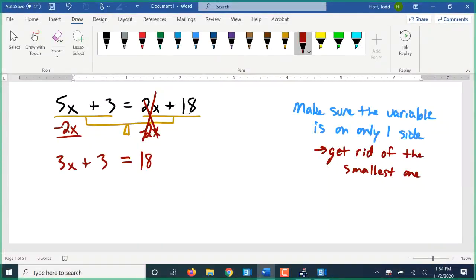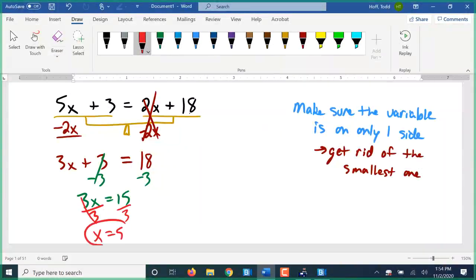And we have the plus 3. Now we can go ahead and solve. We're going to subtract 3. Makes that go away. We have 3x equals 15. Then to get rid of the other 3, that's multiplying x, we're going to divide by 3. X equals 5.